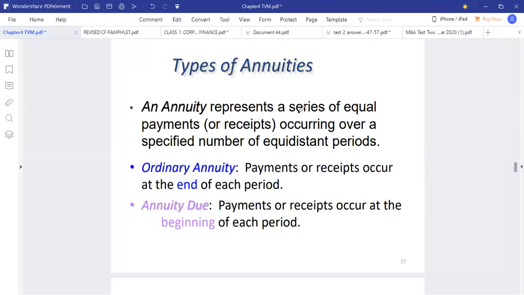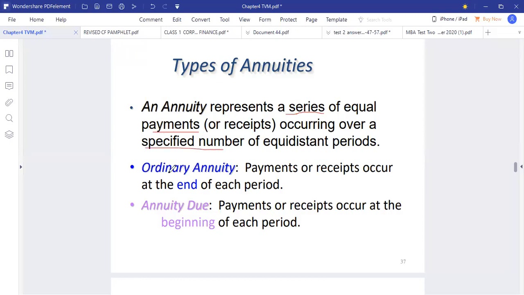We have examples of rentals, mortgage payments, premiums, all these are annuities. So the key thing is there's a fixed deposit that is made at a predetermined time. So annuities are very important to understand. They represent a series of equal payments and receipts that occur at a specific number of equidistant periods.